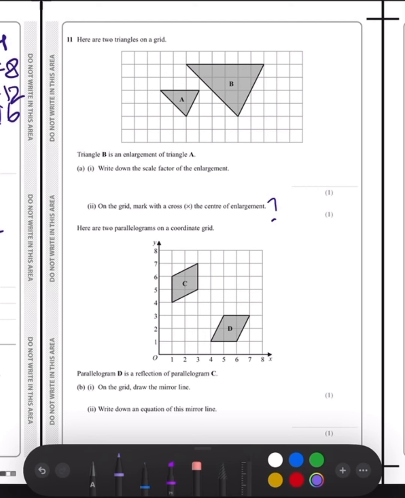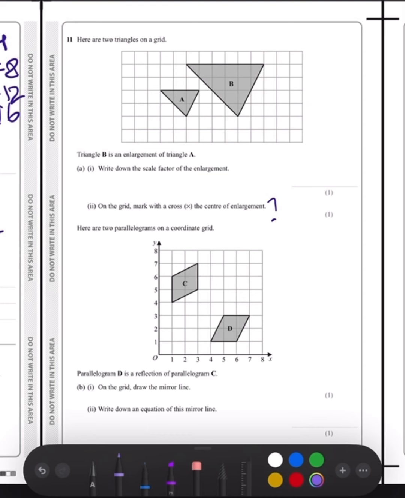And when they say enlargement, they're talking very particularly about the enlargement which is done here. If we talk about transformation itself, center of enlargement is not a term for everything. If it was a reflection, we can't say what is the center of enlargement. They would probably ask a question like center of reflection.